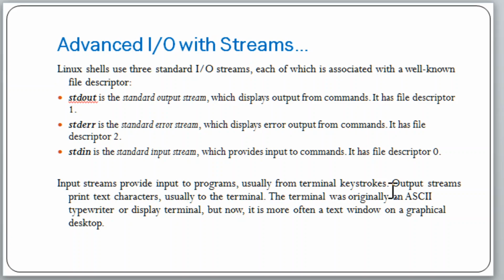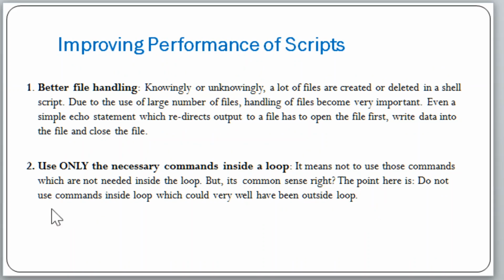The terminal was originally, and guys, this word is pronounced ASCII, sorry. So the terminal was originally an ASCII typewriter, a display terminal, but now it is more often a text window on a graphical desktop. Guys, we're going to finish out this session by talking about improving performance of scripts.